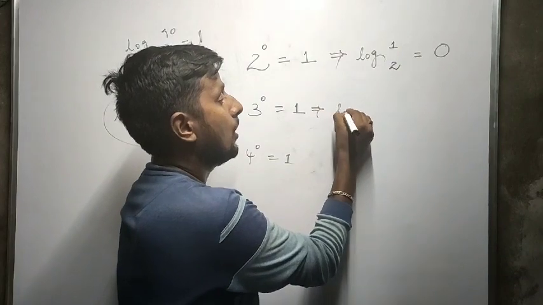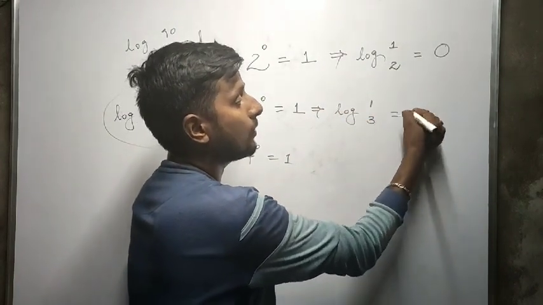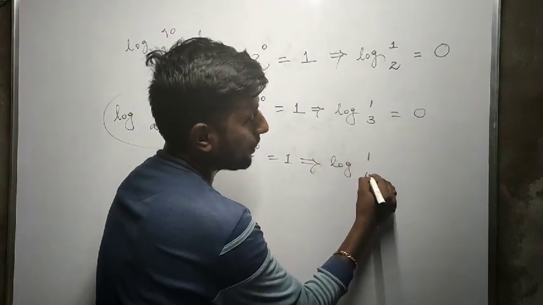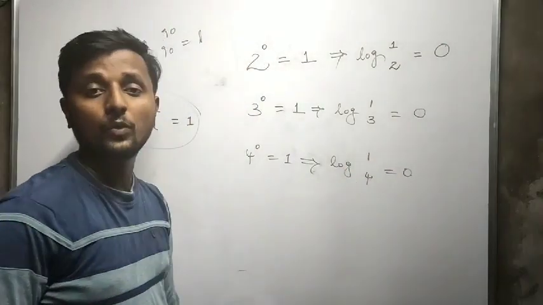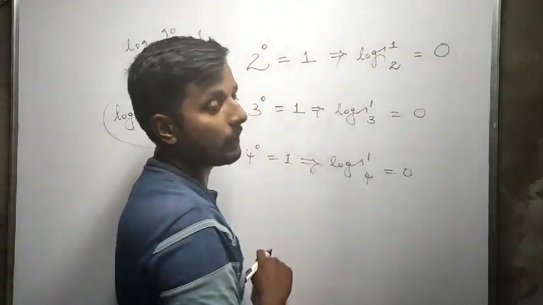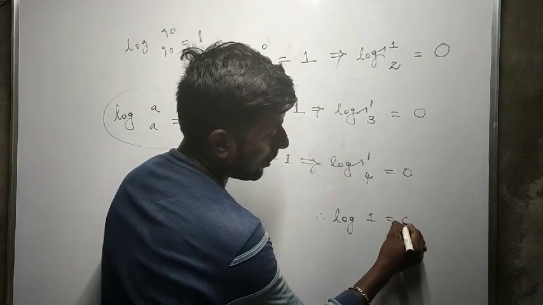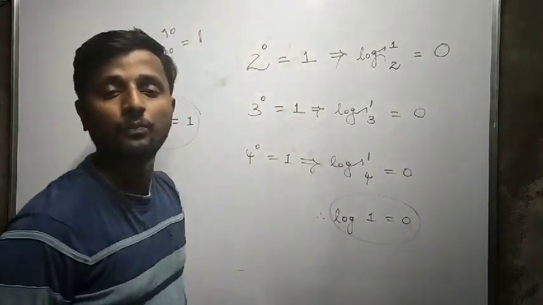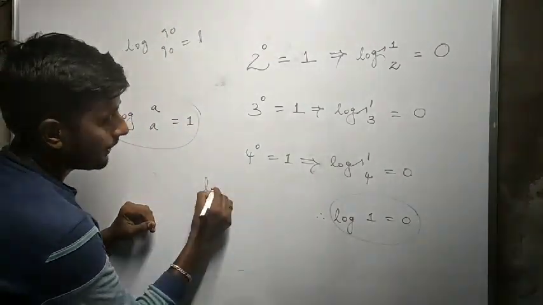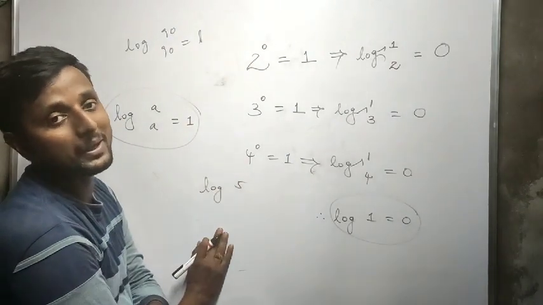Here also, log 1 to the base 3 is equal to 0. Log 1 to the base 4 is equal to 0. What happened? Here we can see the same log 1, log 1, log 1. So I get the idea that log 1 is always 0. In some cases they will give only a number with log and never mention the base.